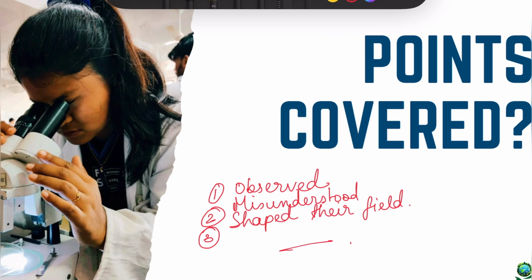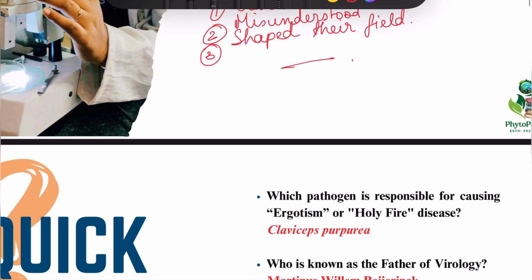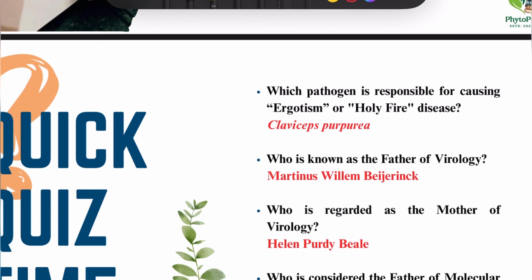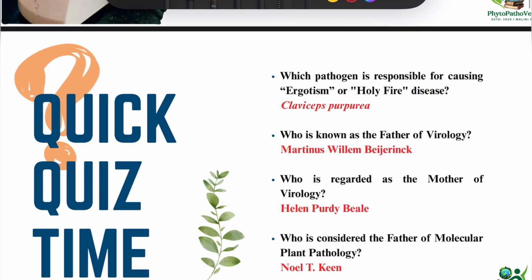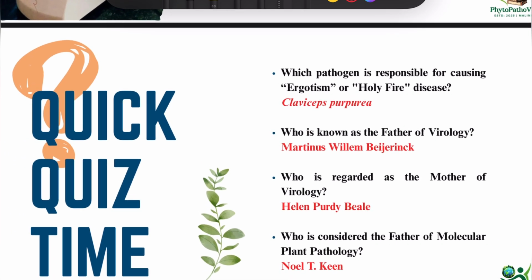Also, I hope you have checked the memory-based takeaway questions I shared from chapter 1. Again, before moving into chapter 2, let's quickly revisit the questions I had asked you to search from the history section of chapter 1. Number 1, which pathogen is responsible for causing ergotism or holy fire disease?